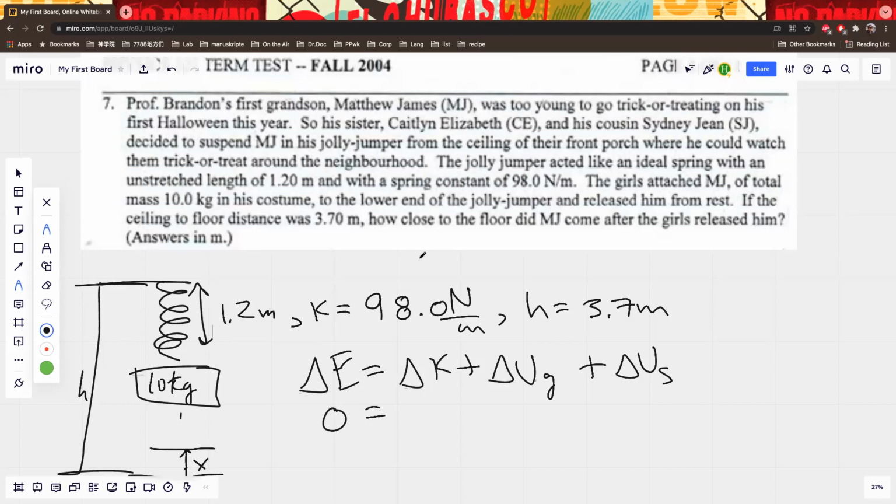If the ceiling to the floor distance was 3.7, then the initial height is 3.7 minus 1.2.